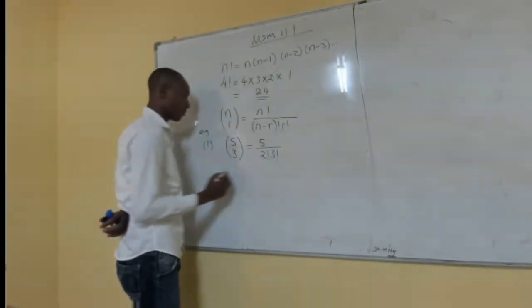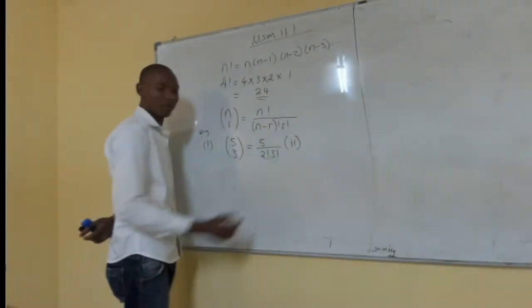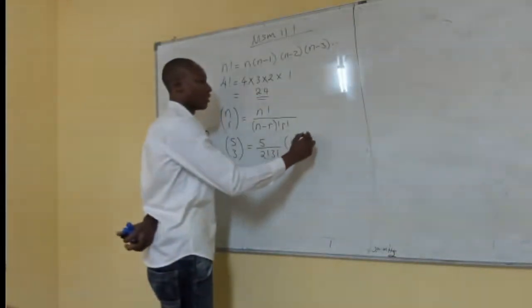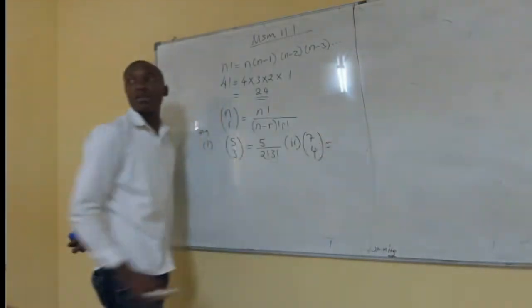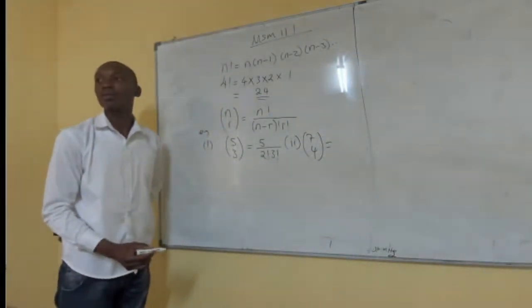Example 2, let's say you've got 7 choose 4. What would be 7 choose 4?